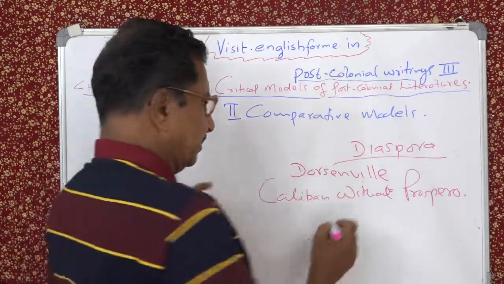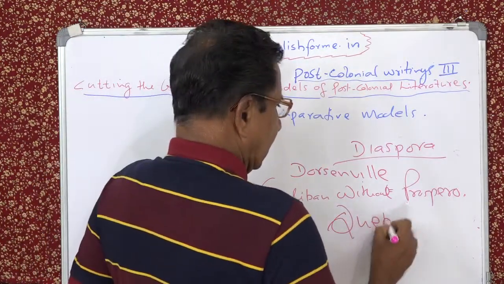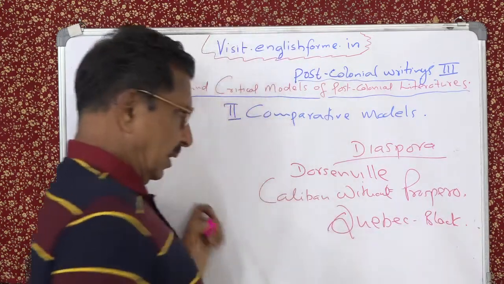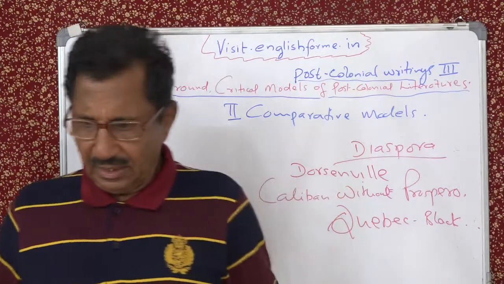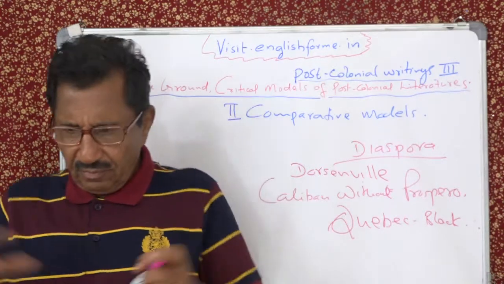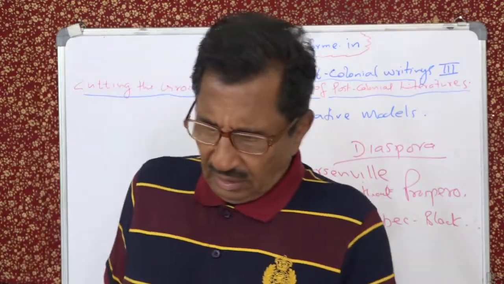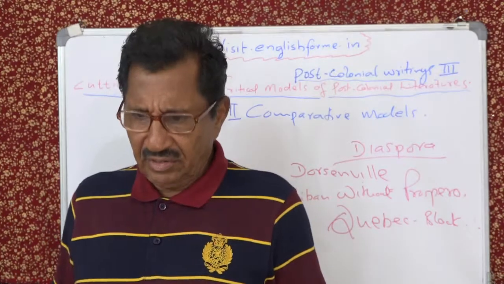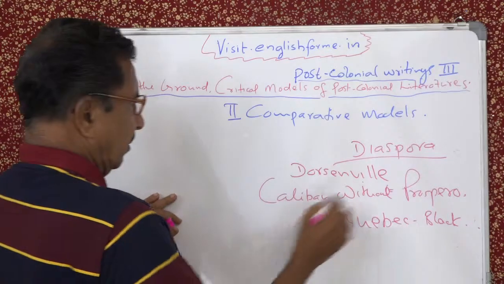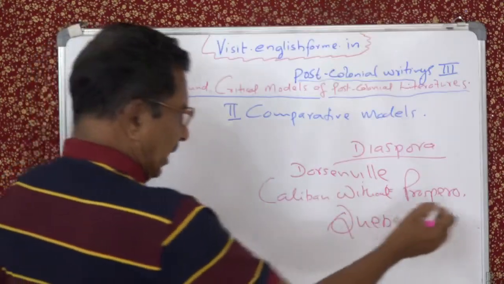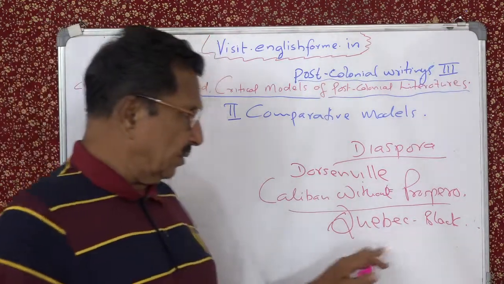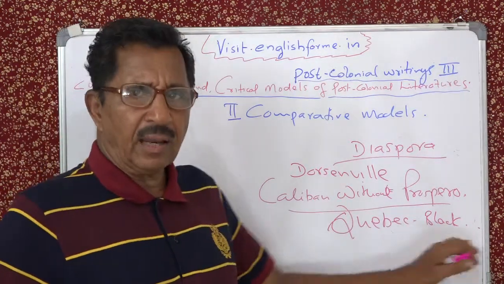Literature of Cuba and black diaspora, black. That's one. And then you have got your West Indian and Australian. West Indian slave literature. The comparison is between this Dawsonville's Caliban Without Prospero, the comparison between white and black, Cuba and black.